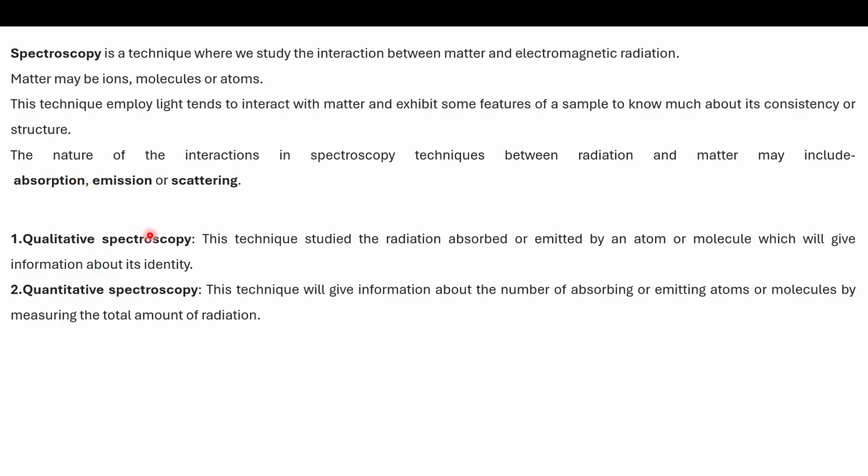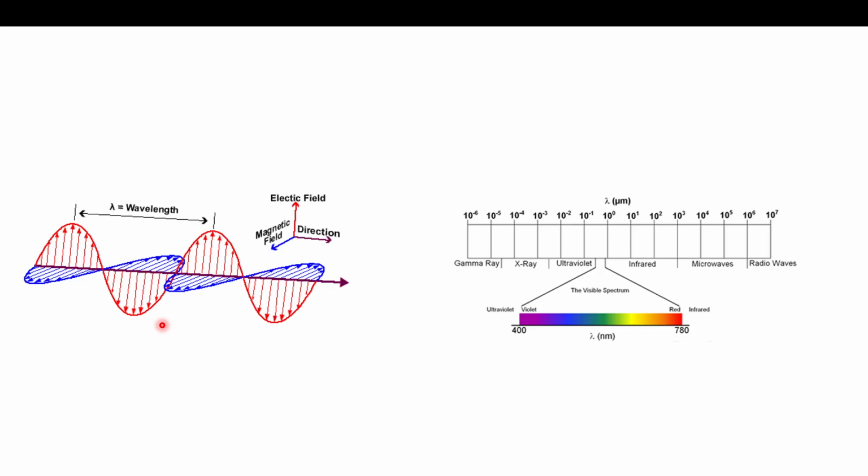Now, one is qualitative spectroscopy, where we study the radiation absorbed or emitted by an atom or molecule of the matter in question, which will give information about its identity. And one is quantitative spectroscopy, which will give information about the number of absorbing or emitting atoms or molecules by measuring the total amount of radiation.